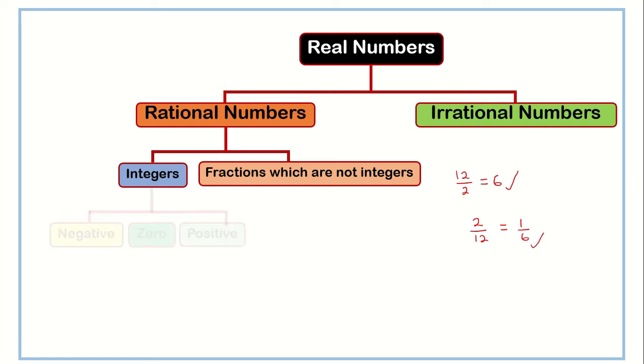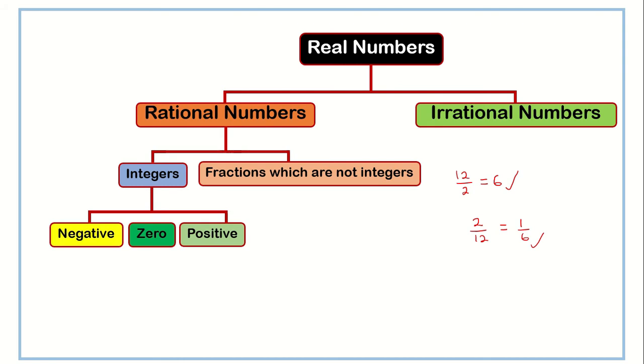Now, integers are divided into three parts. We have negative integers, we have 0, and we have positive integers. Now, for this lesson, we will be looking at rational numbers.